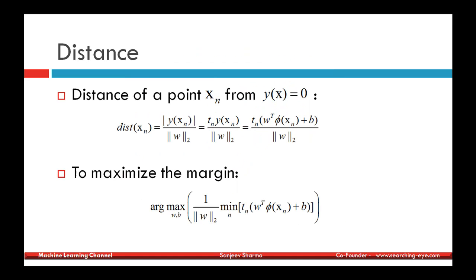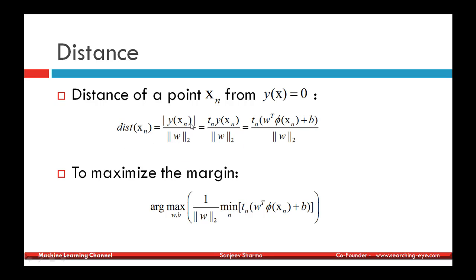So the distance of any point x_n from the line y(x) = 0 is given by this formula. The distance of point x_n is the absolute value of y(x_n) over the norm of W, where this 2 denotes the L2 norm.